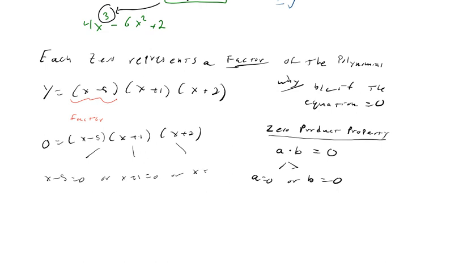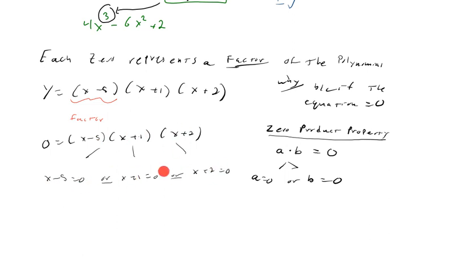Those are my only possibilities. If these factors multiply together and make a 0, then my only options are that this factor has to be 0, or this factor has to be 0, or this factor has to be 0. Those are the only options I have.